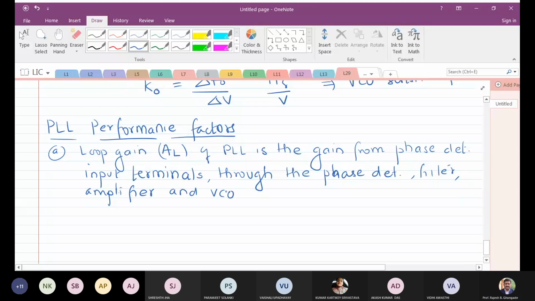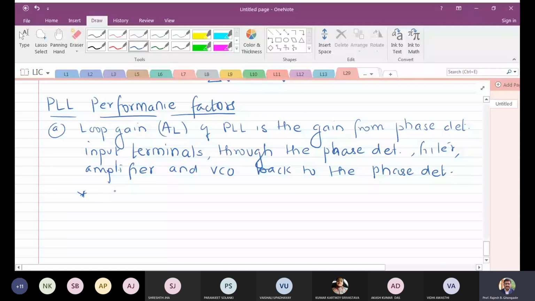This is called the loop gain. Now the input to the system is the phase difference phi between VI and VO.